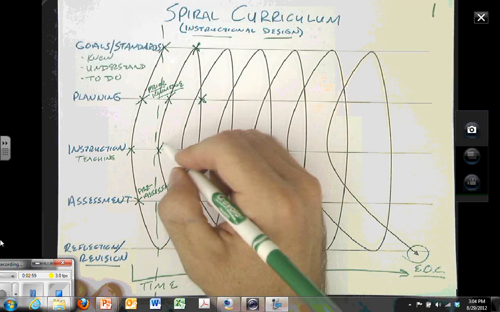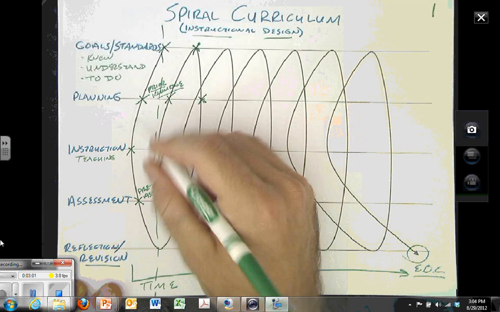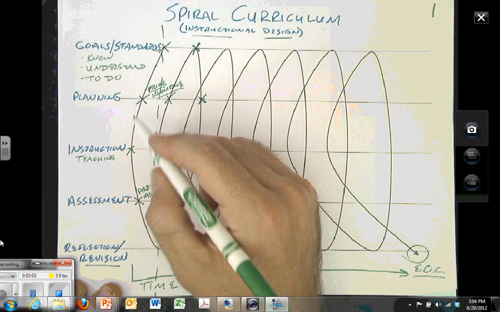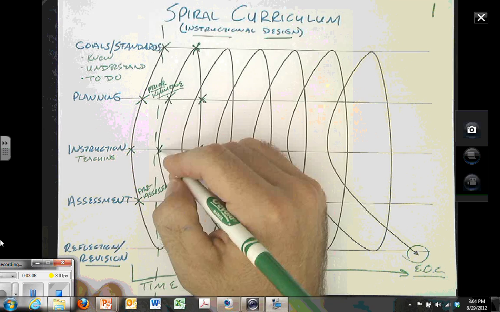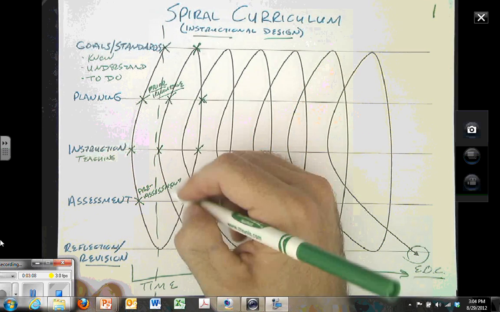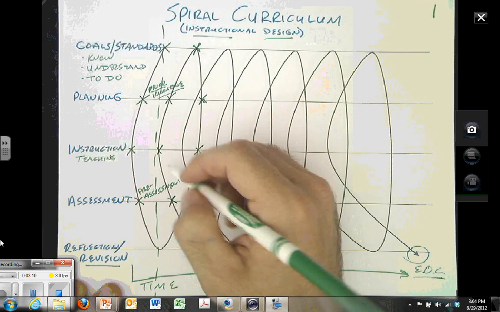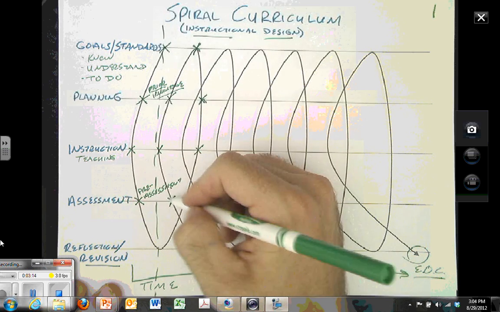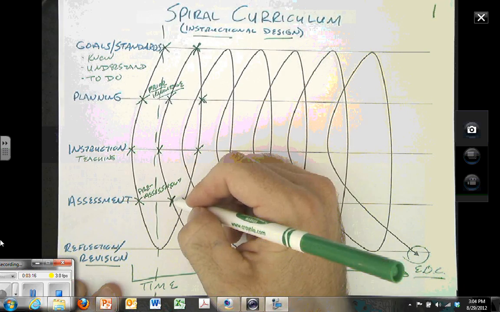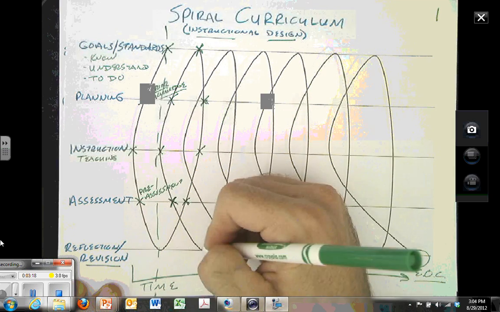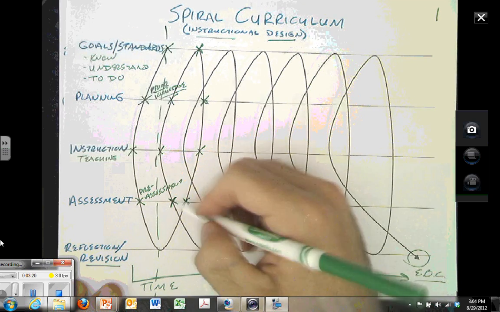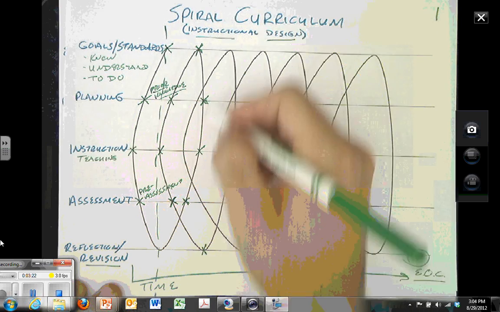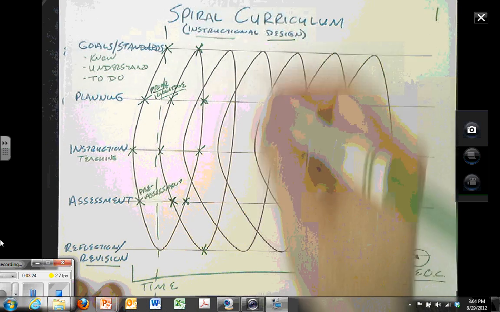I design my instruction that integrates the previous skills and knowledge and understanding, but also integrates new. I assess. Notice how the students should move forward after the instruction so that they can perform better on the assessment. And then I can take that assessment, I can reflect and revise on that assessment again, and start the whole process over. This is continual.